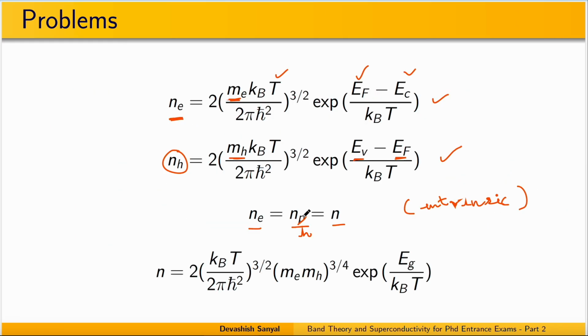Again using Ne equal to Nh, we can multiply these two and then take the square root. Another way of writing this is this expression, written in terms of Eg.